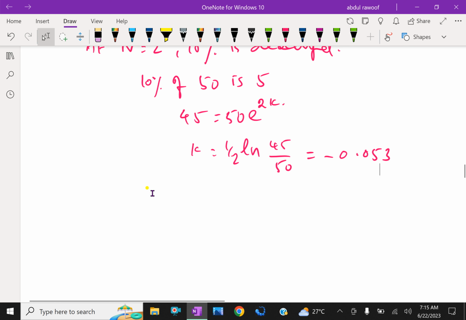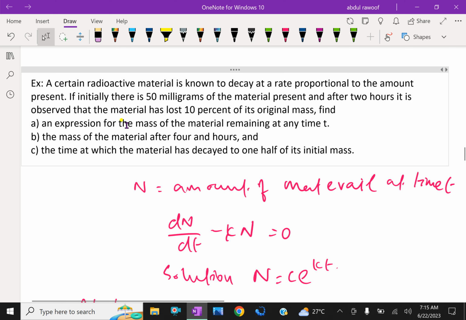Now, substituting these values in that equation, N equal 50 e power minus 0.053 t. This is the required equation for the amount at any time t, the first part. That is an expression for the mass of the material remaining at any time t.